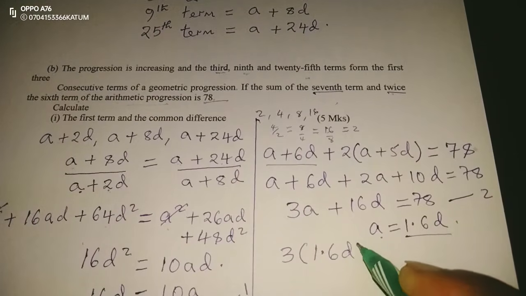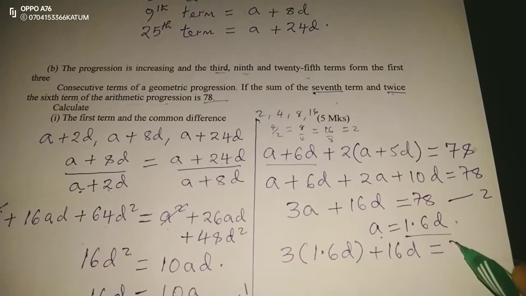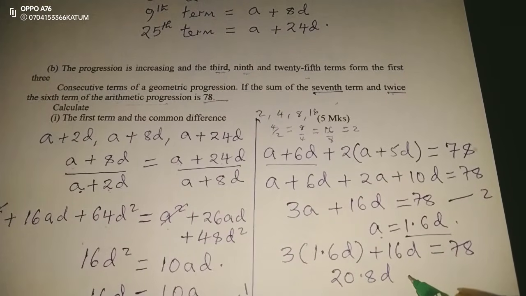And this means 3 times 1.6d plus 16d equals 78. So now 1.6 times 3 becomes 4.8, plus 16 becomes 20.8d equals 78.